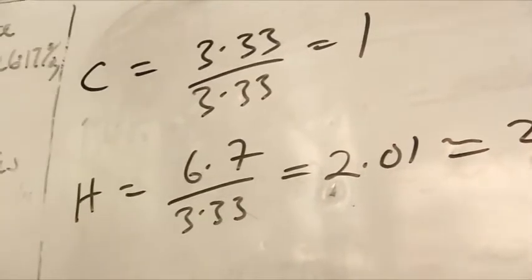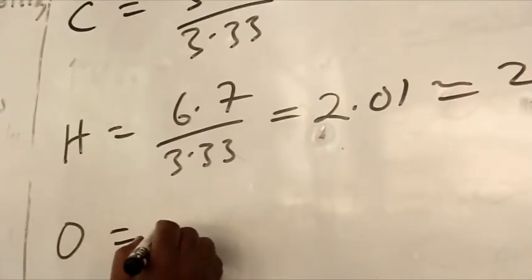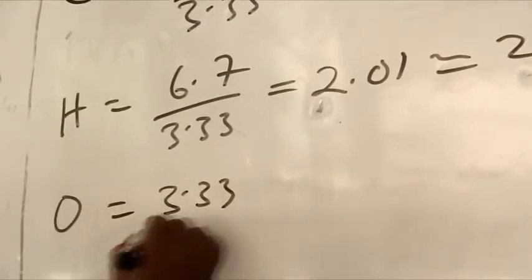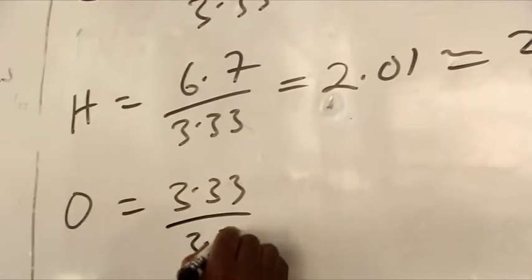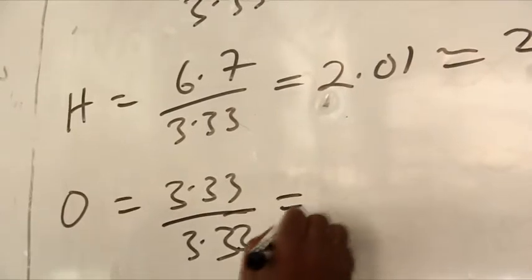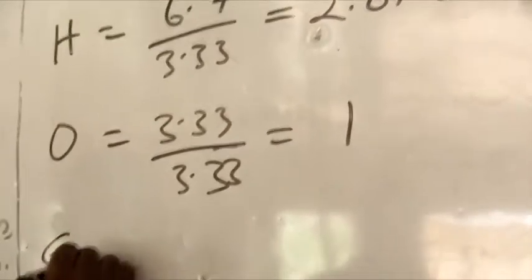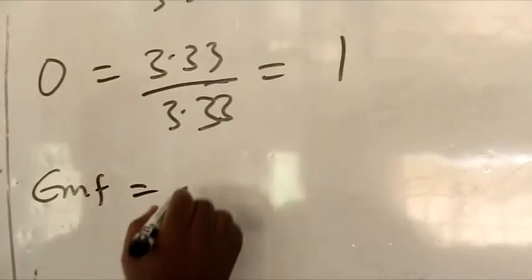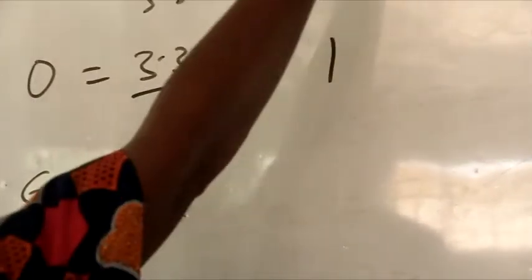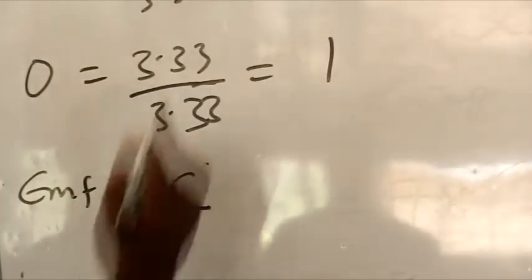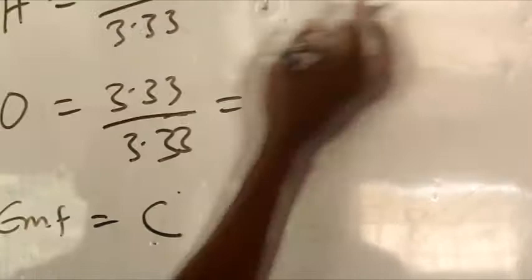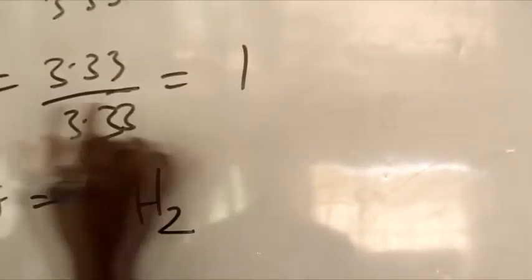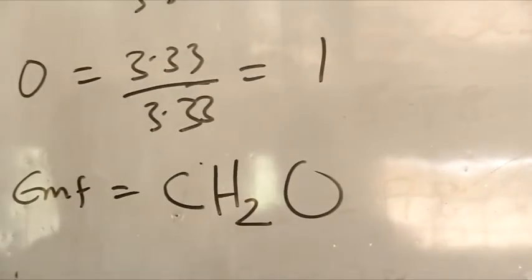For oxygen, the ratio here was 3.33 divided by 3.33. Wonderful. You are already there. So it's 1. Therefore, the empirical formula for this compound is C1. Remember, in chemistry, you do not write 1. And H2 and O1. That is the empirical formula.